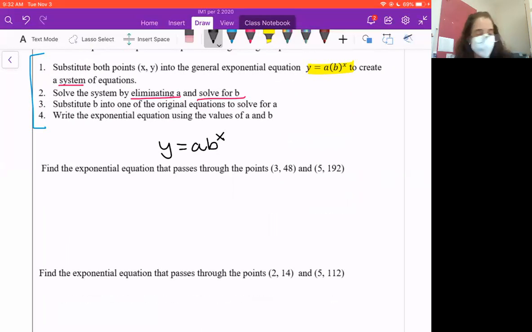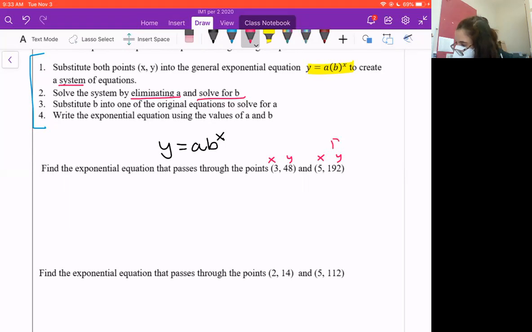Okay, I got 2 points here. My first point, 3, 48. That's the x and the y. My second point, x is 5, y is 192. Okay, and I'm going to tell you the easiest way to do this with equations is start with the point that has the higher value of x.